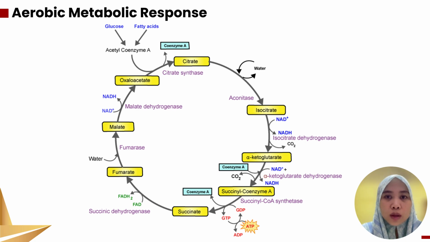Acetyl-CoA combines with oxaloacetate to form citrate, starting the cycle. The Krebs cycle is the hub of aerobic metabolism. It allows sustained ATP production for long duration, moderate to low intensity exercise by oxidizing carbohydrate and fat efficiently.